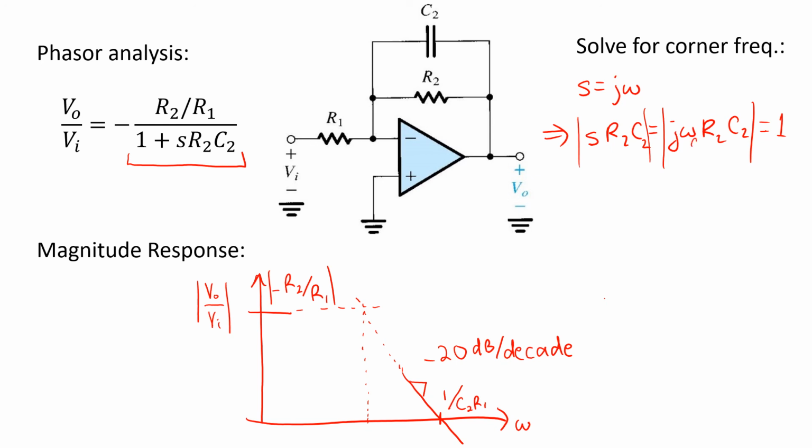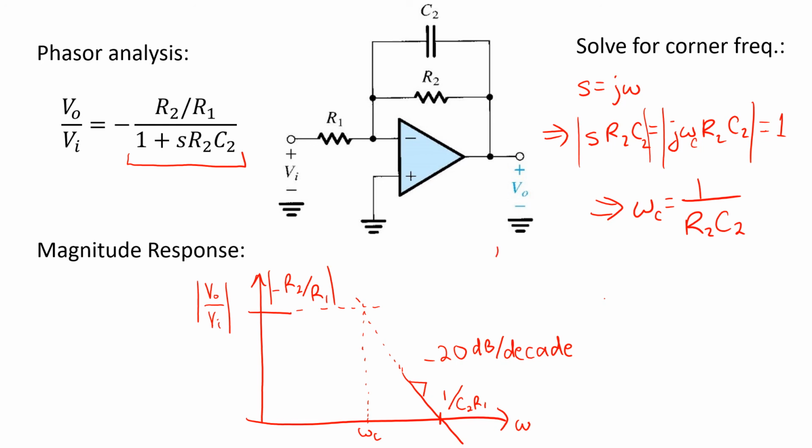Let's call it omega C. So simply rearranging that, we find that we've got a corner frequency of 1 over R2C2.